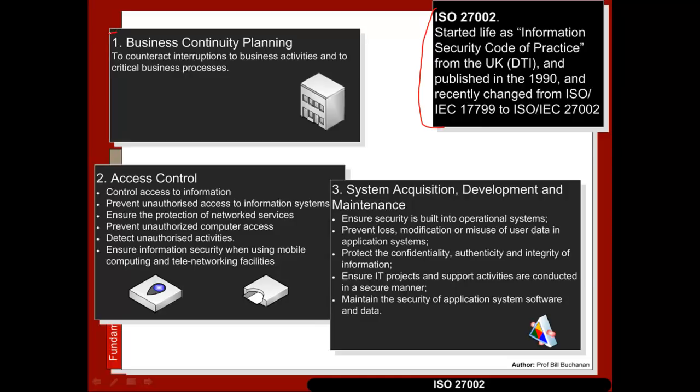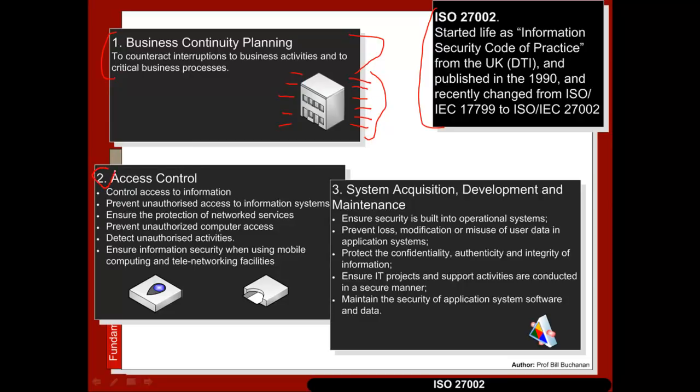This focuses on key areas related to security, such as business continuity planning, to make sure that there is some form of procedures that will protect the basic critical business processes. So this might relate to a serious fire or a hurricane and so on, and make sure that the company has some sort of continuity in these events.